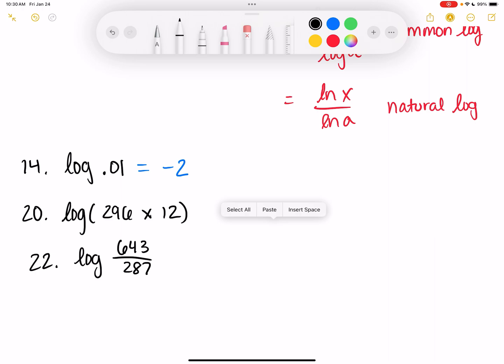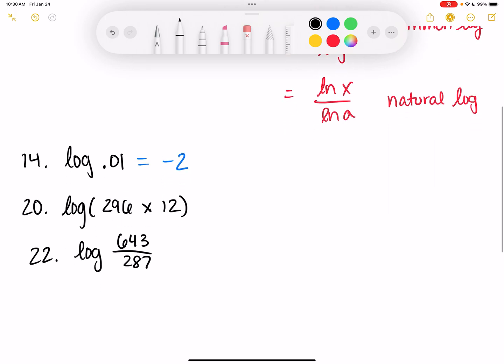So we're going to have log of 296 times 12. And that gives us, it says it wants stuff to 4 decimal places. So this would be 3.5505 because we round up there because that's a 4, the 7 beside it. So 3.5505.